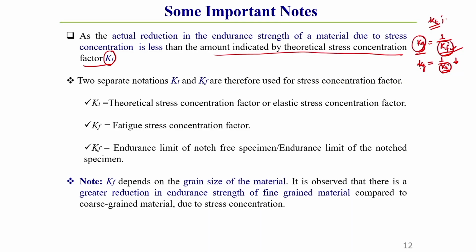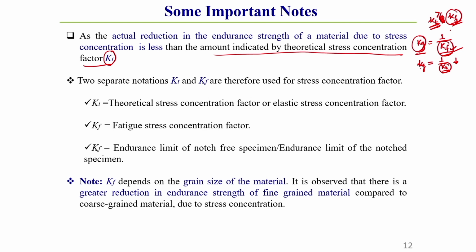That is why the stress concentration value you need to consider is less than the Kt value. You should keep this in mind. That means Kt is greater than or equal to Kf. The Kt value is always higher than the Kf value. This you need to consider.